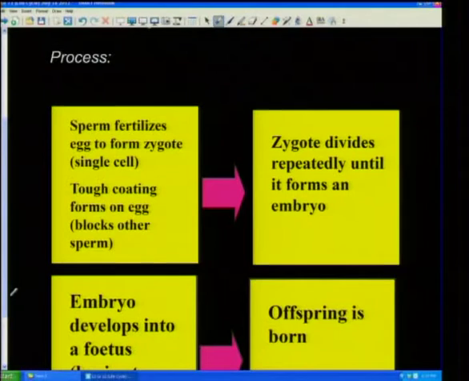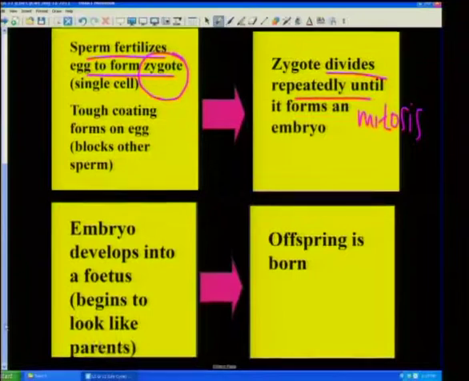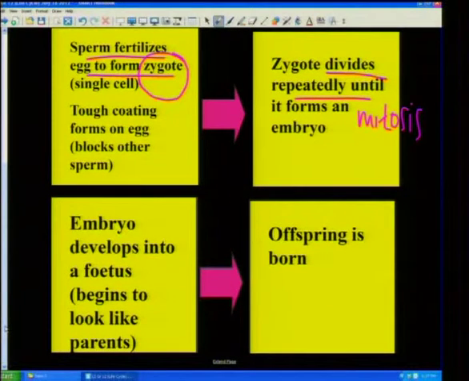And what happens here? The sperm fertilizes the egg, and we've seen this in the life cycle. We're just reinforcing that. And that becomes a zygote, which is diploid. It divides repeatedly, how? By mitosis. And what happens then? The embryo develops into a fetus, in our case, and some animals, and from there, an offspring is born.